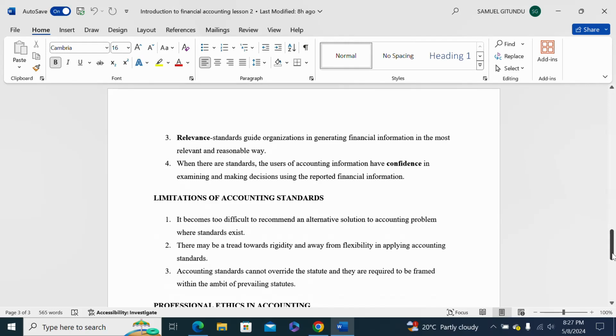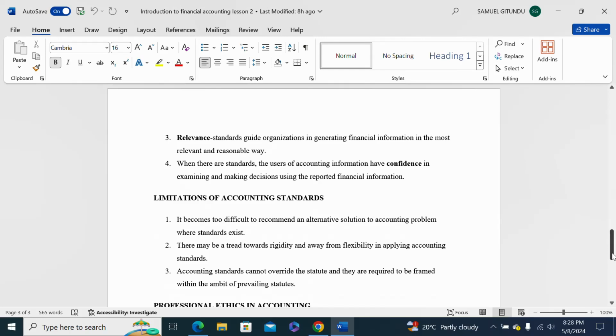Then the second limitation is that there may be a trend towards rigidity and away from flexibility in applying accounting standards. They become rigid. Rigid means they cannot be changed. If an accounting standard is applied in this way, then it cannot be changed.